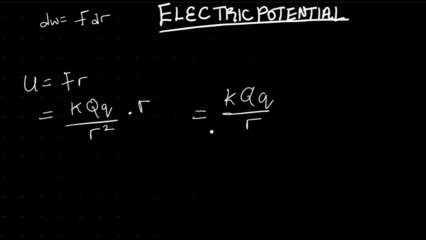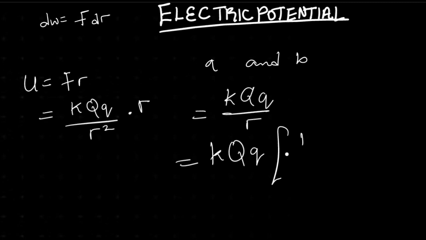So when you have 2 points, point A and point B, you now have the difference between 2 points, right? That will be KQ in the bracket 1 over r_A minus 1 over r_B.